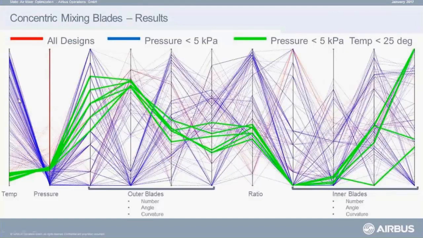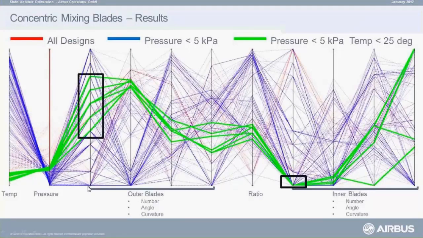As you can see, all the blue lines here are simulations, or respectively designs, where we had a pressure loss below 5 kilopascals, which was our target. The red ones here fulfill our target in terms of temperature difference. And the green ones are the ones which fit both. So we will focus now on the green lines, which are basically the best designs.